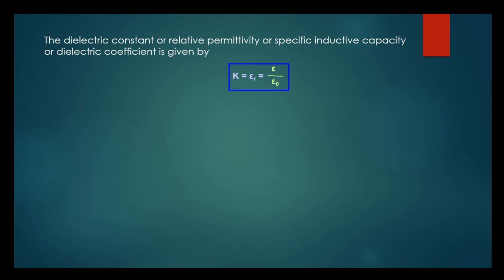Here absolute permittivity of any medium or free space denotes the electrical property of the medium. How much a medium allows the two charges to interact is measured in terms of electrical permittivity of the medium. So in vacuum we can say that F can be written as, instead of K we are writing 1 by 4 pi epsilon naught Q1 Q2 by R square.